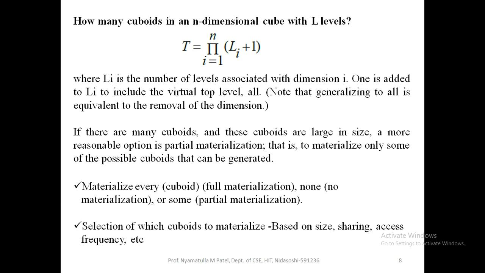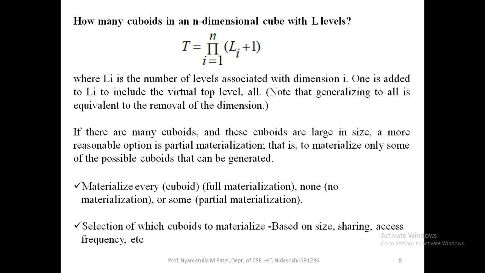If there are many cuboids and these cuboids are large in size, a more reasonable option is partial materialization. Here we are not going to materialize each and every cuboid; we are going to materialize or pre-compute only a part of the cuboids.